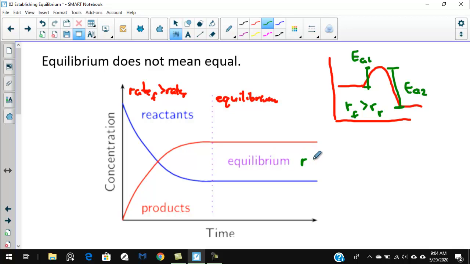Because again, here we get to the point where rate forward equals rate reverse. And so to speed the reverse reaction up enough, given that it has this relatively huge activation energy, we need to increase this concentration way more and bring this one way down so that the two of them will balance out. Okay.